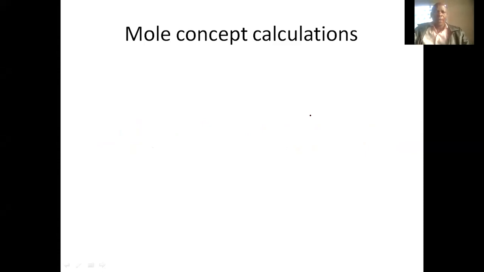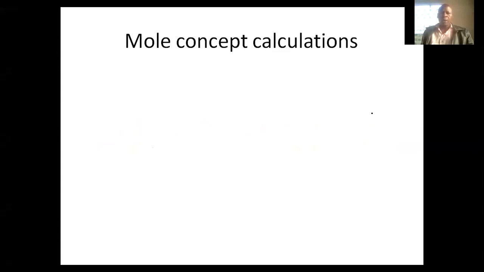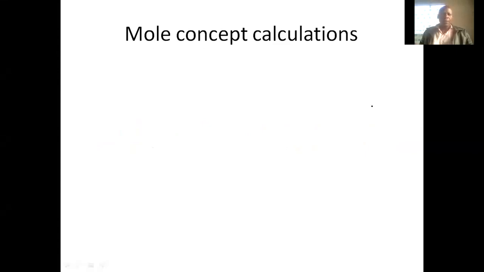We are very familiar that when we are dealing with mole concepts, we need to familiarize ourselves with how we can do calculations based on the quantities given.